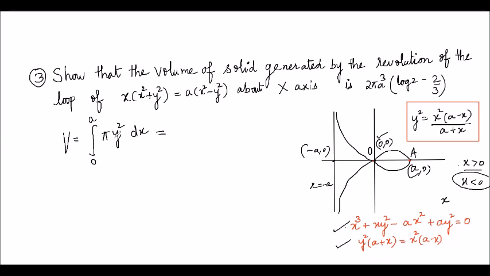We need to write this y from the equation of curve. We have already written here what is y square by simplifying the equation of curve. So it will be 0 to a. Y square is x square a minus x a plus x dx. And solving this integral, we can find out the volume. Let us give you a hint of how we will be evaluating this integral. We will be breaking it in two parts. A, 0 to a.